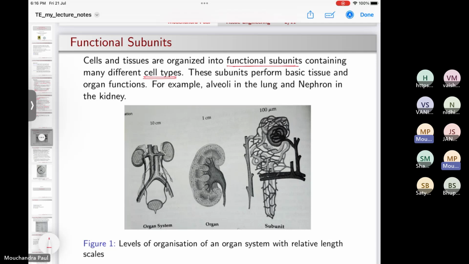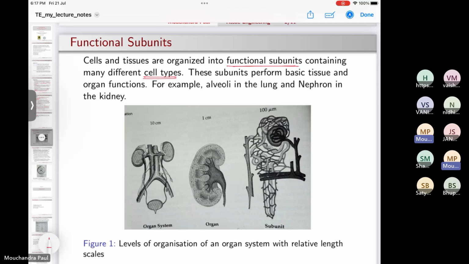But since the kidney is going to do the filtration of a large volume of blood, a large number of functional subunits need to work together, and they are all enclosed in a condensed space, that is your kidney organ.